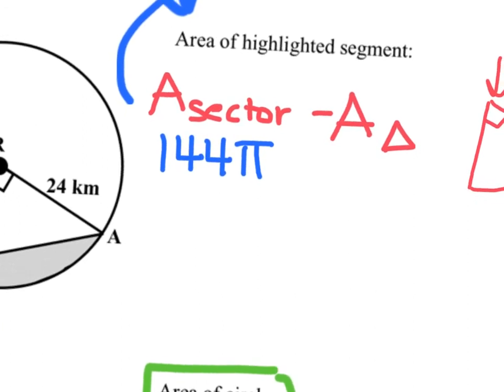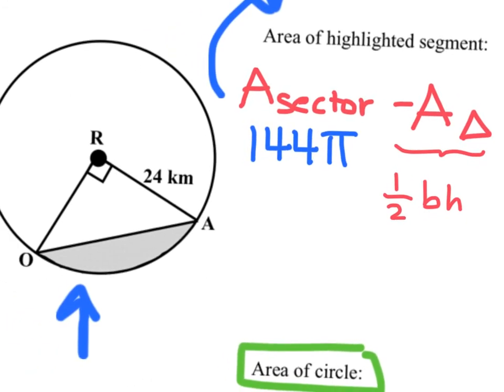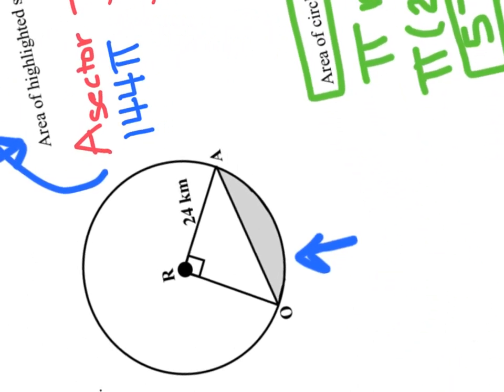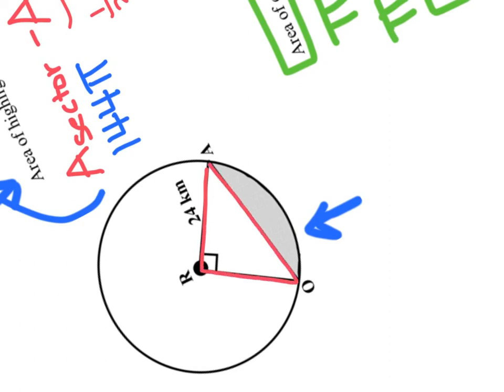But now I want to find the area of the triangle. The area of the triangle is 1/2 base times height. If you look at your triangle, and I want you guys to try to like rotate the triangle. So if you move your head and you look at the triangle this way, I think it's a lot easier to see which one's the base and which one's the height.